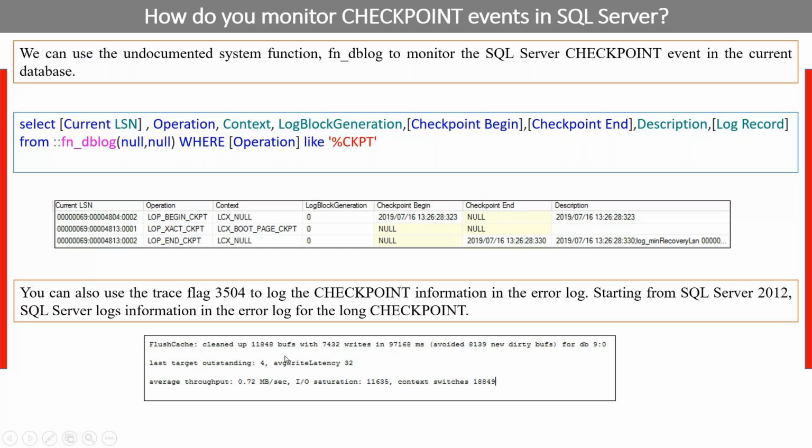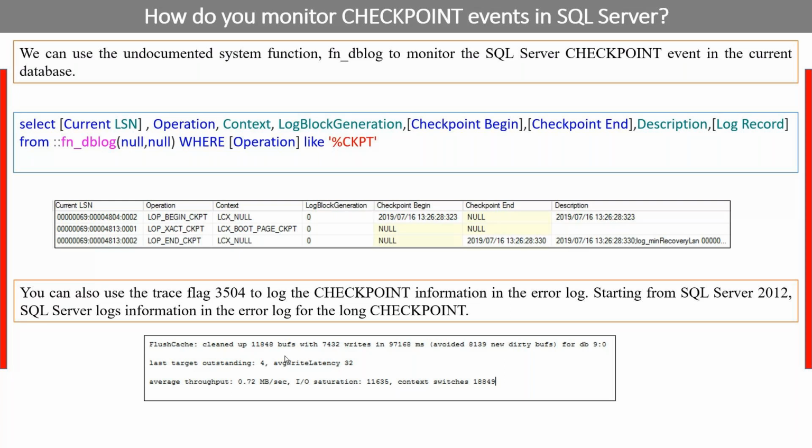But you should not enable it, sir, because your log file will bump like anything, because checkpoint keeps on triggering. Whenever checkpoint triggers, it will write the information in the error log. So your error log will grow like anything, sir. So we should not encourage that.